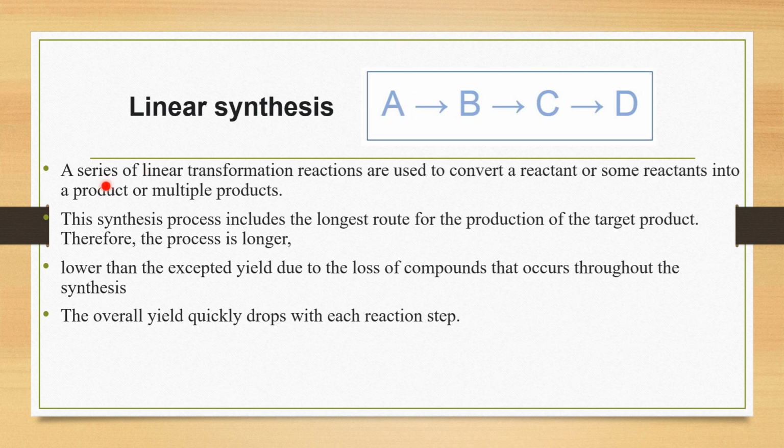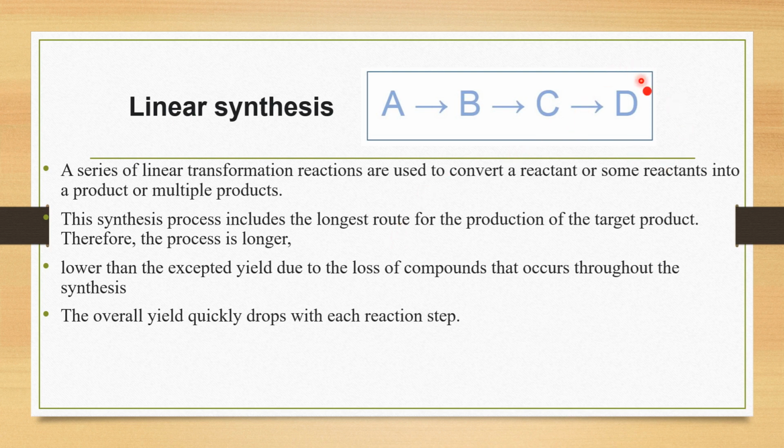So it is a series of linear transformations used to convert a reactant into a product. This is the longest route, because to synthesize D you have to go through steps 1, 2, 3. At each step there are chances that the yield of the product may go on reducing.